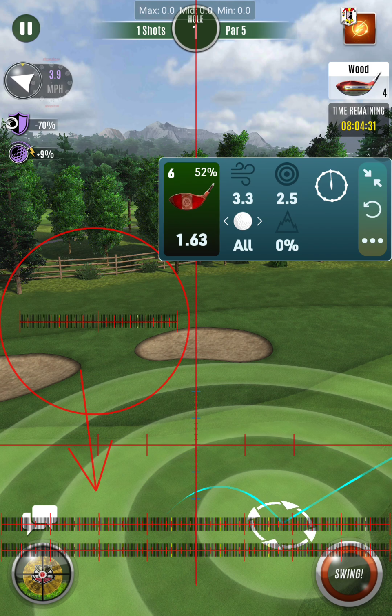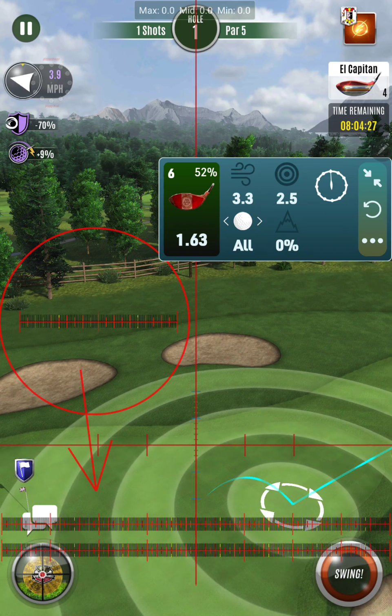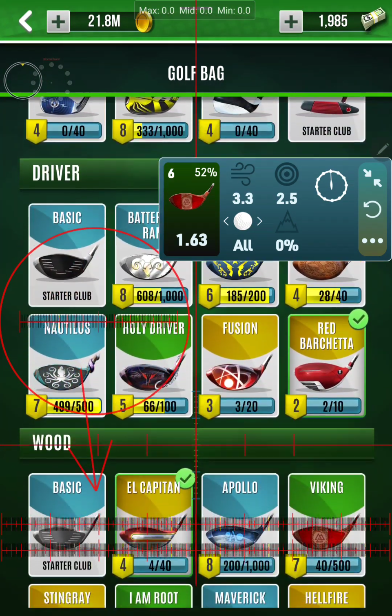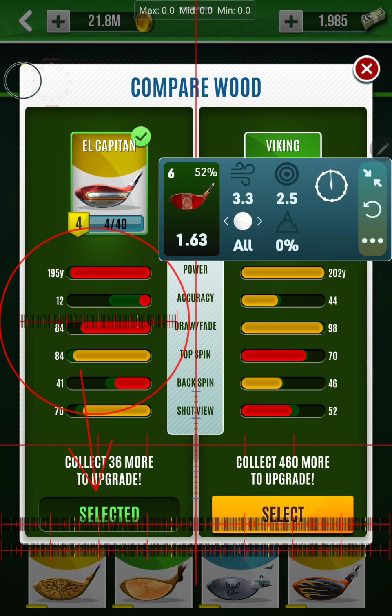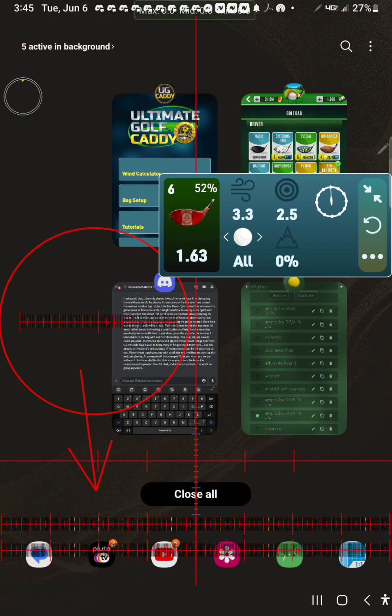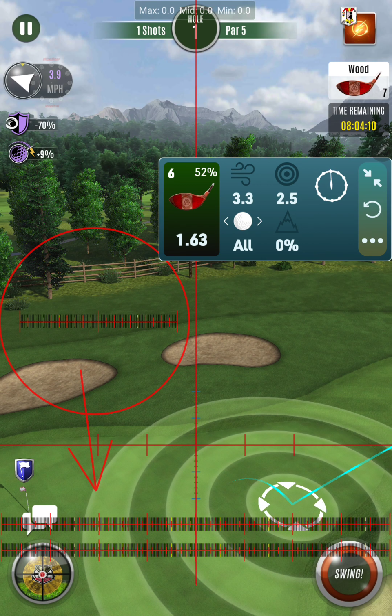Let's do the shot view. You need to know what your shot view is of your club. Alright? Let's put the right club on. Alright?